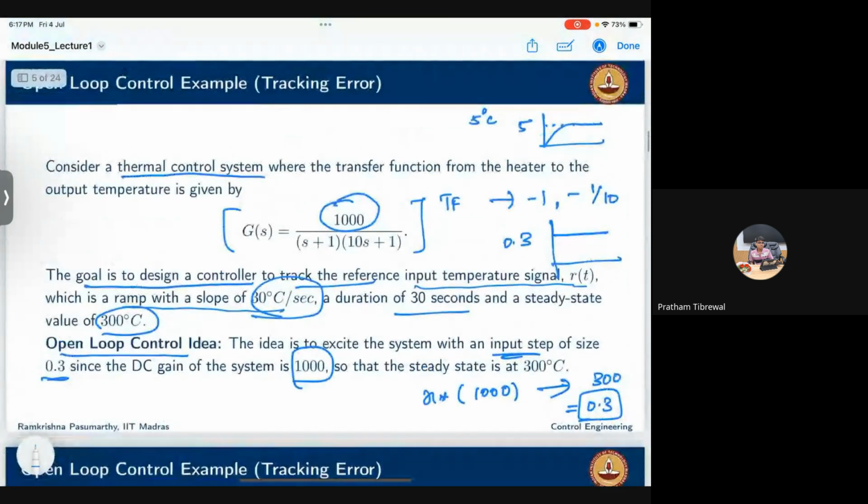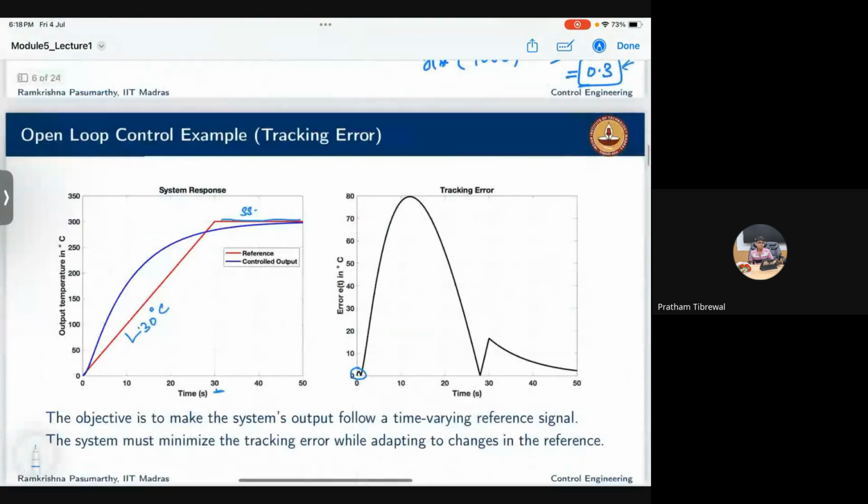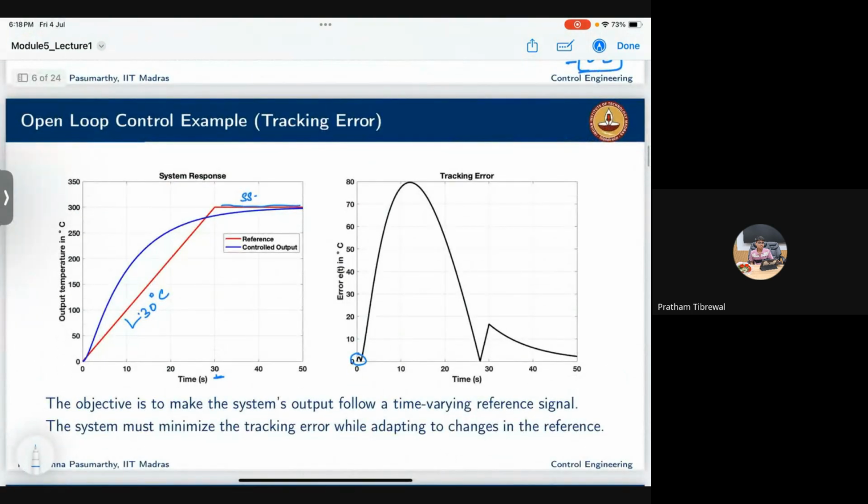So what I'm going to do is apply a simple control so that the output response, the blue color you can see here, is able to track after some time. It is not tracking properly during the transient period. After 30 seconds, when it reaches the steady state, it tends to move towards the reference input, so you can see the difference between this and this. That's why we have plotted this tracking error.